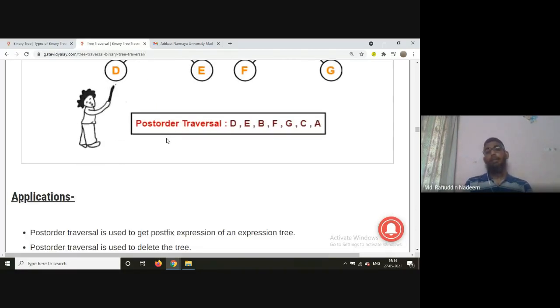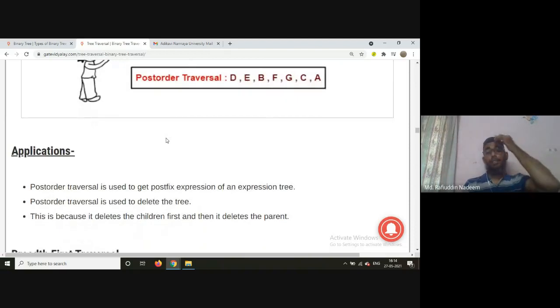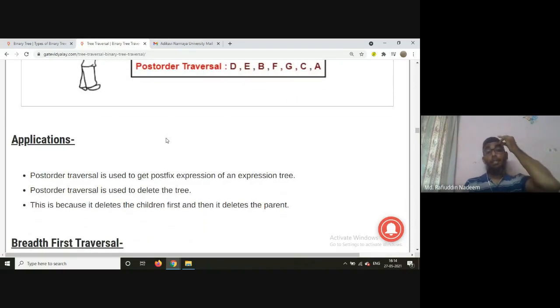If you can practice with two or three trees, it will be helpful for you. This post-order traversal is used to get a postfix expression of an expression tree.